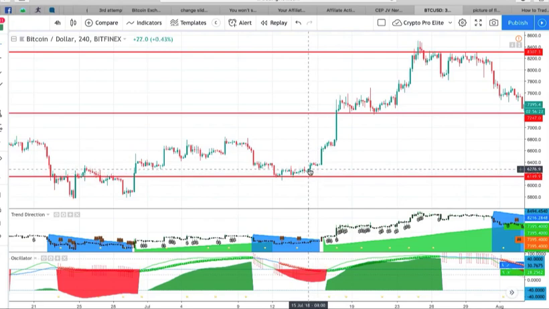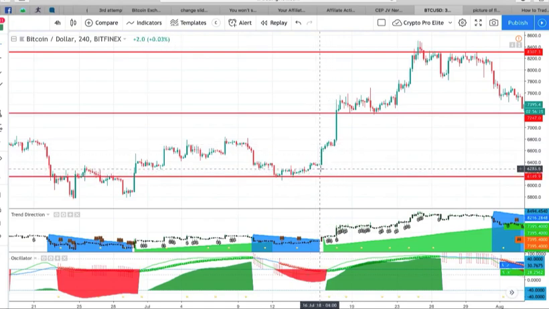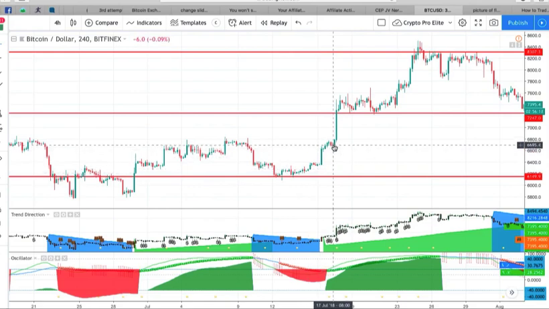Here's why. Let's say worst case scenario, Bitcoin went from here to here before you closed out. You got 500 points in the market already. It went up 500 points. You closed half of your trade. You so far have gained, you're up 5% right now. So if you close half your trade and you're up 5%, how much did you make?